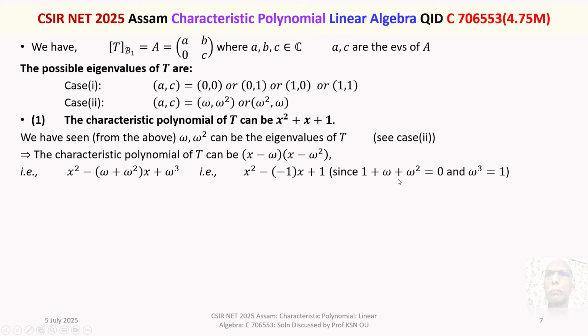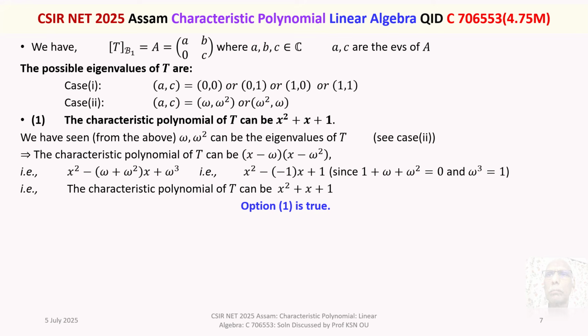Therefore, omega plus omega square is minus 1. And omega cube is 1. Substituting, we get the characteristic polynomial of T can be x square plus x plus 1. Thus, option 1 is true. Right, we move on to option 2.